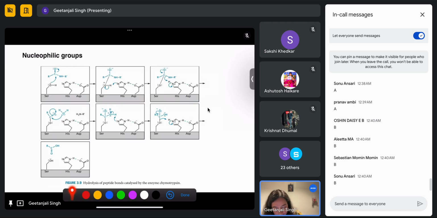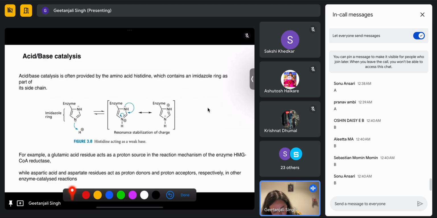What it can do is this lone pair can accept H plus, and this is simple organic chemistry. The lone pair from this nitrogen comes here, and this one moves here to neutralize the charge on the nitrogen. That's after accepting the H plus. Now they form a resonating structure together, and you can see how this acid-base reaction works.